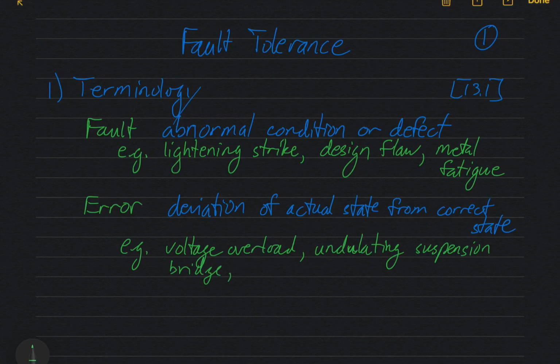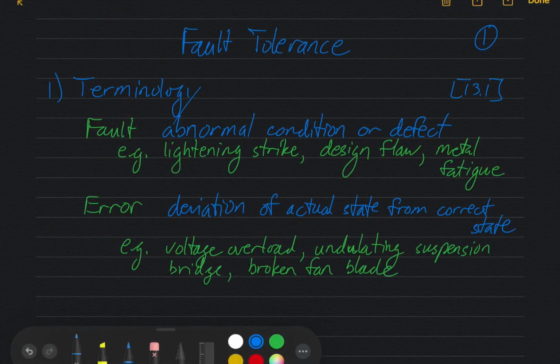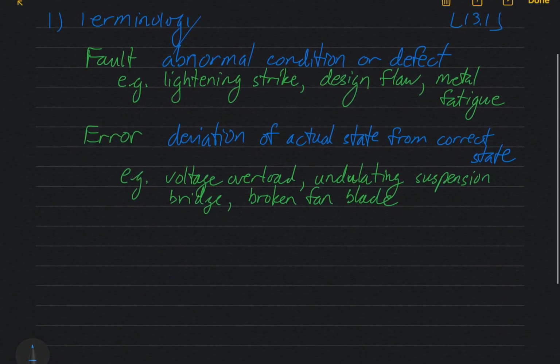And in the case of metal fatigue, what I was thinking of is jets have these fans that compress the air before it goes into the engine, and so you can end up with a broken fan blade, and you don't want loose pieces of metal flying around inside a jet engine.